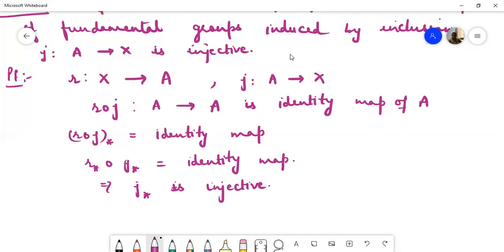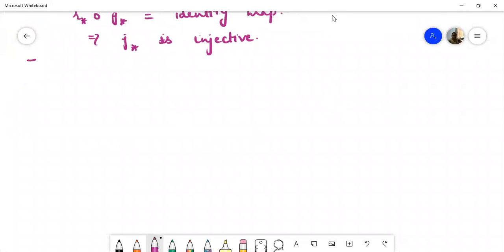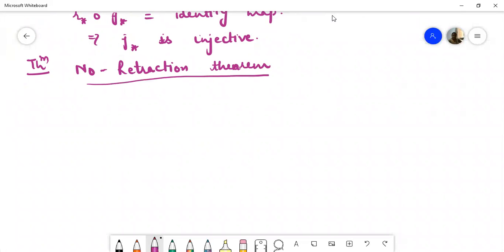Now using this lemma, we will prove the no retraction theorem. What is the no retraction theorem? The no retraction theorem says there is no retraction of B2 onto S1.